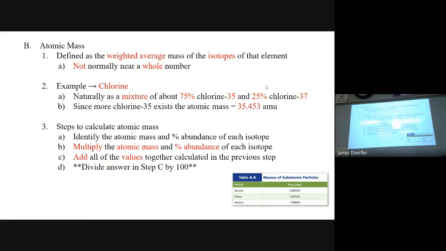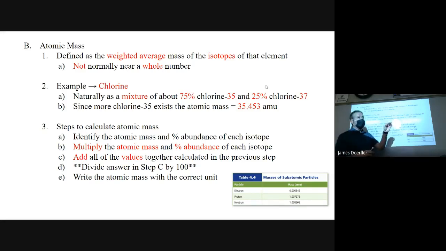Once you've added those values in step C together, you'll take that sum from C and divide it by 100. After you divide it by 100, your answer is in the units of AMU. Okay? So as the very last thing, divide by 100, label it with AMU.